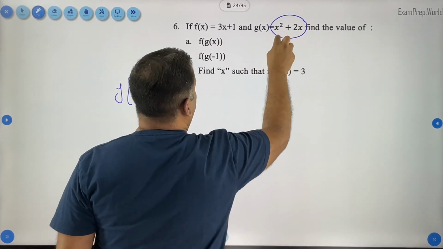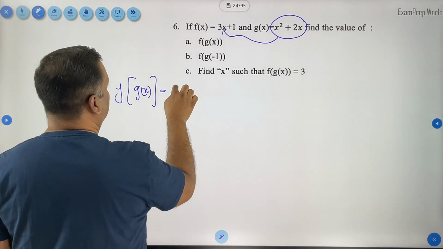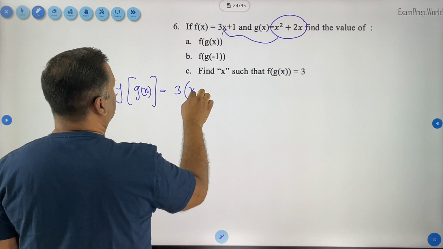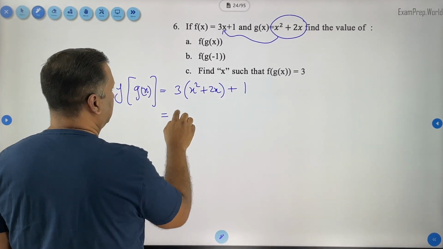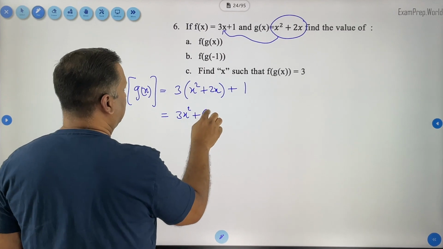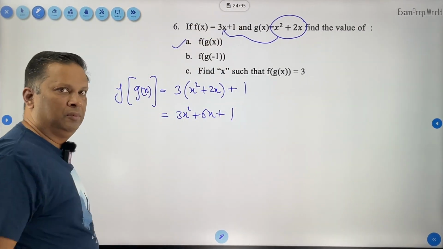We will input this one here. So what will it become? 3 times x square plus 2x plus 1. So it is 3x square plus 6x plus 1. Right? The first answer is done. This is the answer for A.